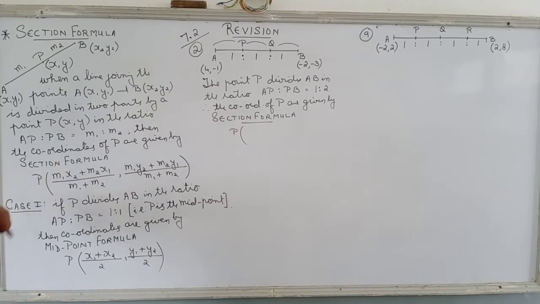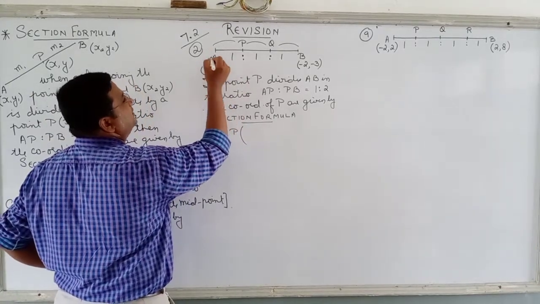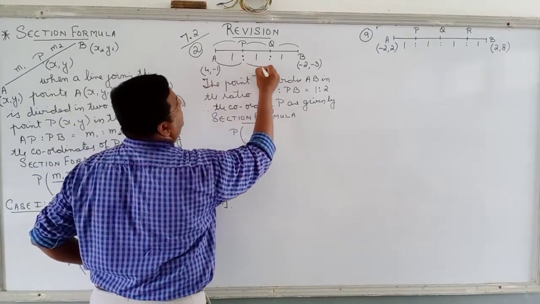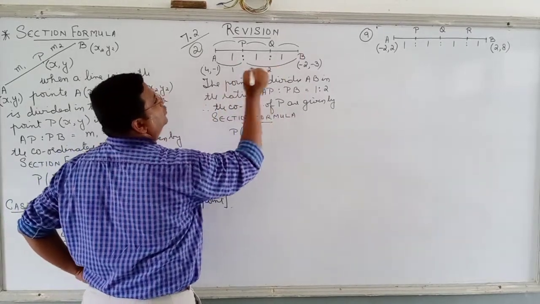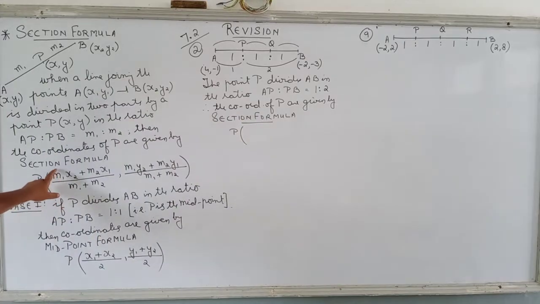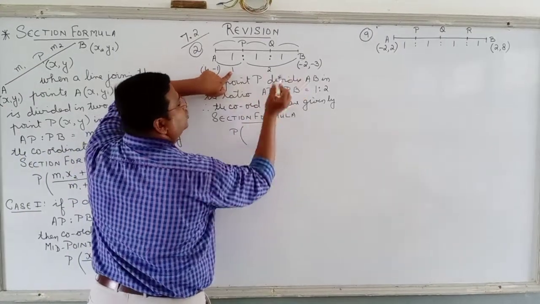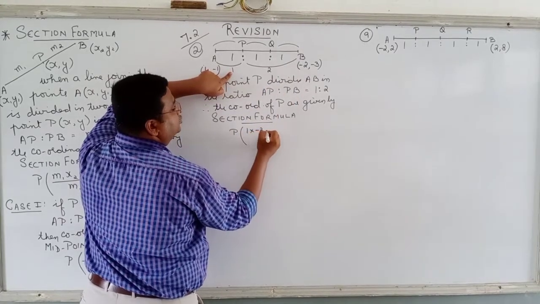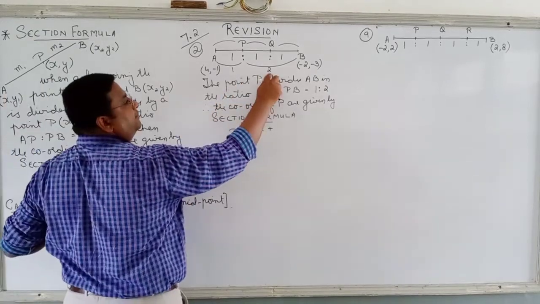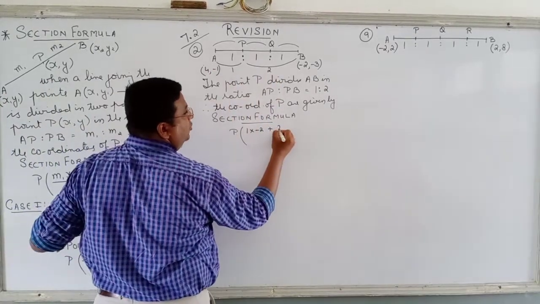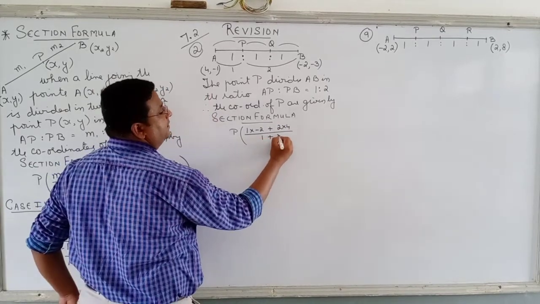The m1 into x2. Now check. We are taking AP is to PB. The ratio is 1 is to 2. So let us apply the section formula. m1 into x2, so 1 into -2, plus m2 into x1, 2 into 4, upon m1 plus m2, that is 1 plus 2.